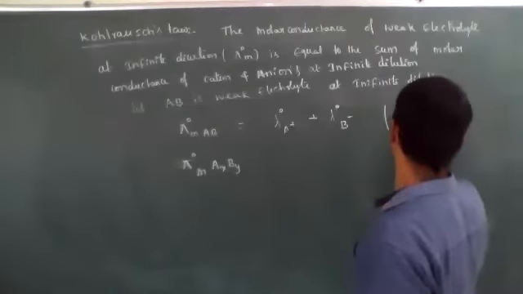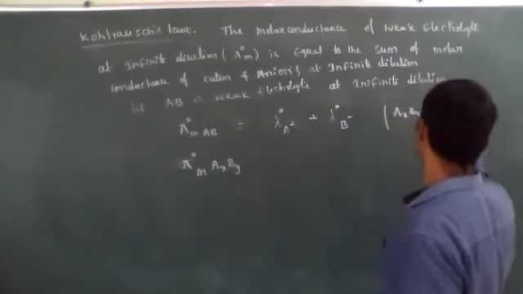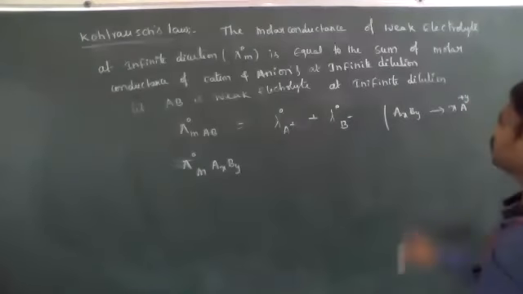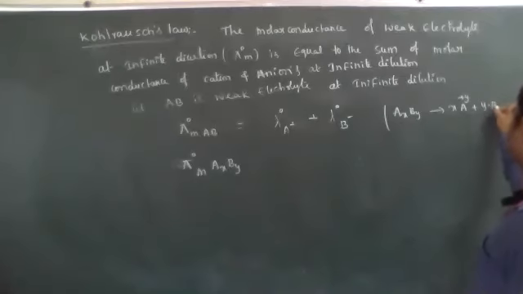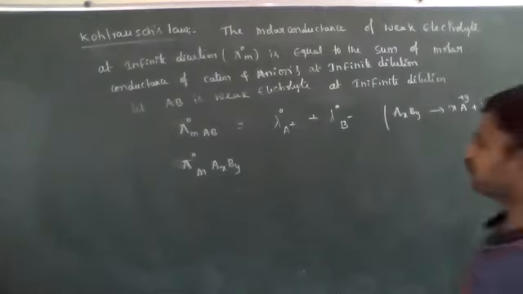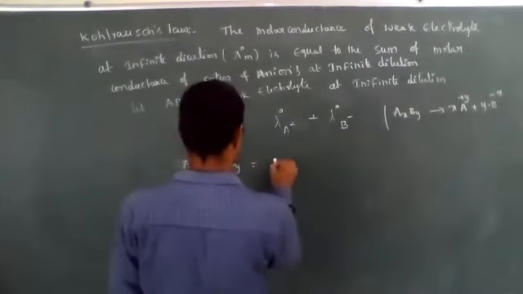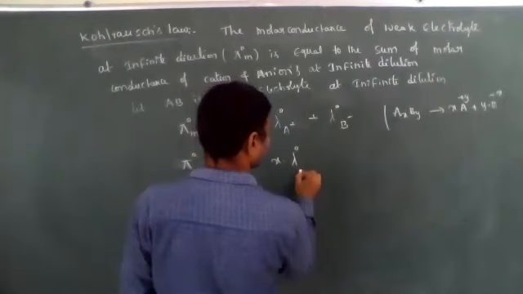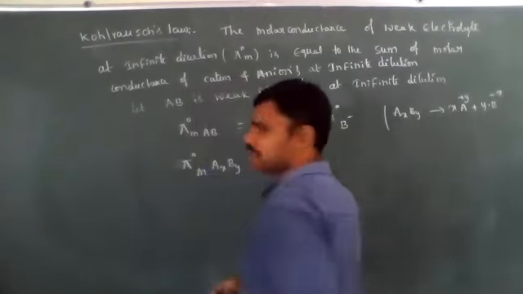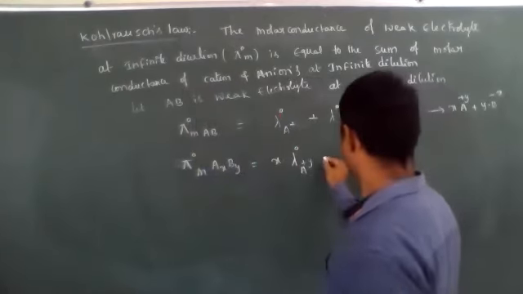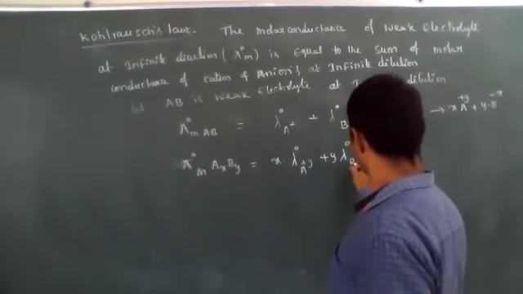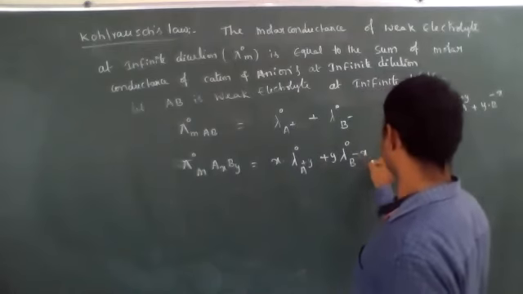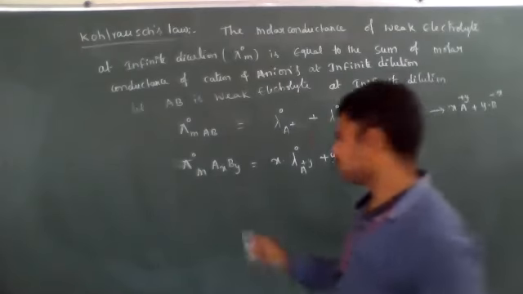It will be x moles of A with charge plus y, and y moles of B with charge minus x. Then the molar conductance is equal to x times the molar conductance of A plus y times the molar conductance of B.